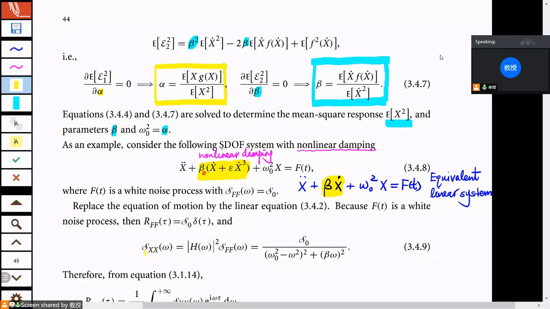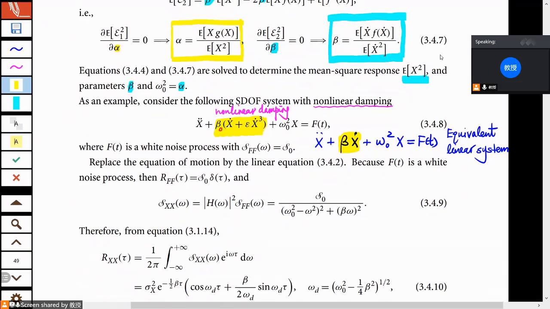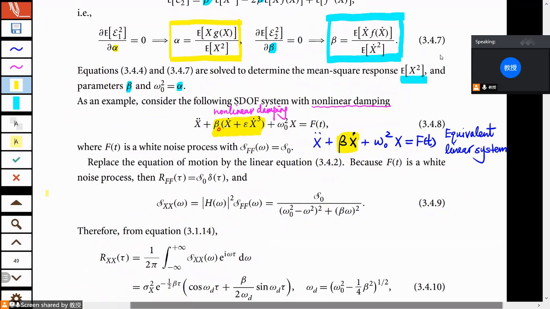Okay, so the Sxx, now we say this is the response of the equivalent linear system.